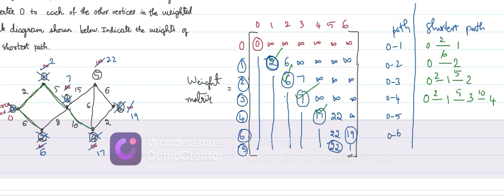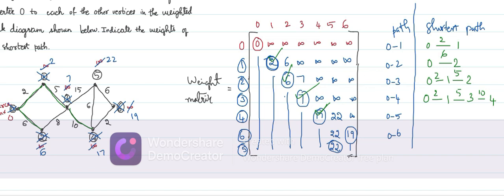Now from 0 to 6, the shortest path weightage must be 19. So how can we go from 0 to 6? So this is 6, right? So 0 to 1, 1 to 3, and 3 to 4, and 4 to 6. That is the shortest path here, right?